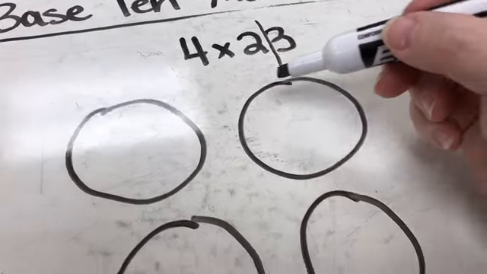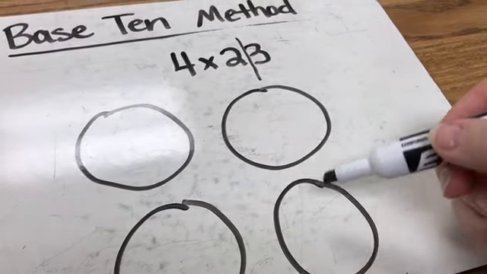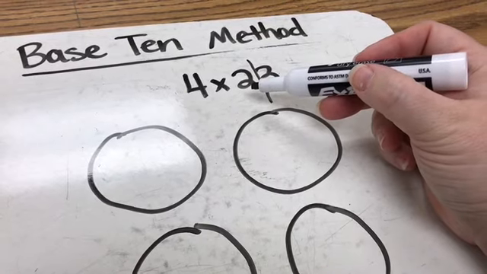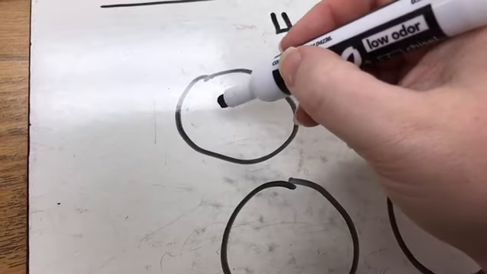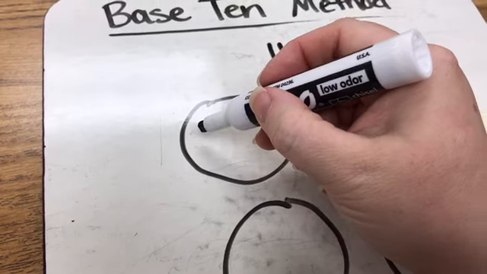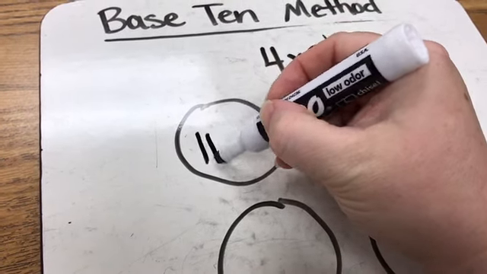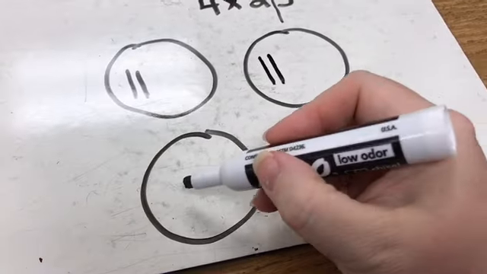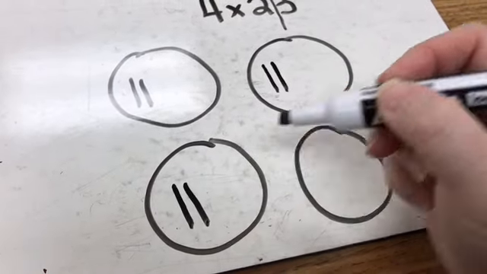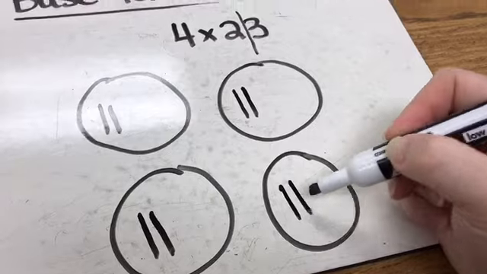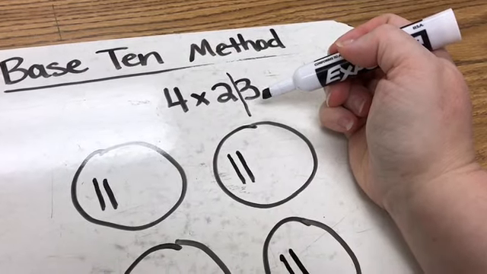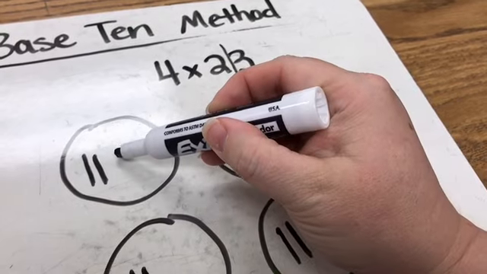So in each one of my groups, I need to have 23 represented. So I'm going to have 2 groups of 10. Here are my groups of 10. And then I need 3 1s in each of my groups.